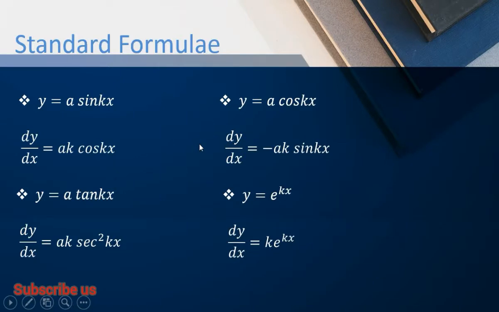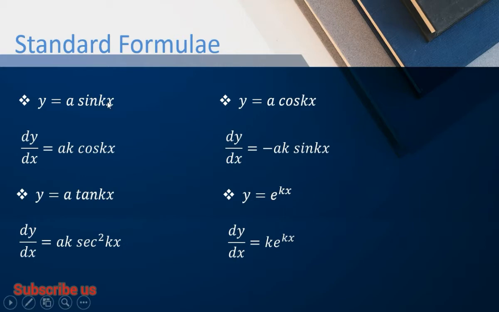Next, standard formulae. If y equals a sin kx, we get dy by dx equals a k cos kx. Here are the most important formulae which we can use for differentiation. In this case, we have to differentiate the angle.